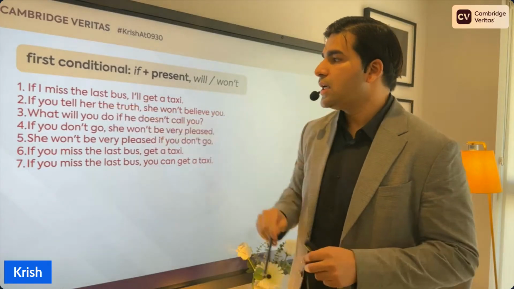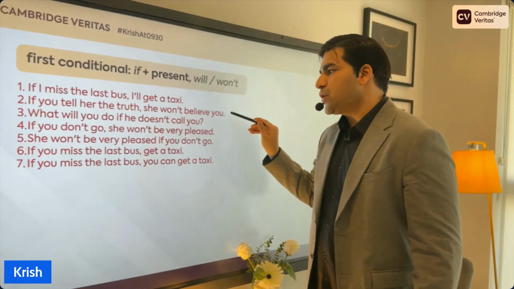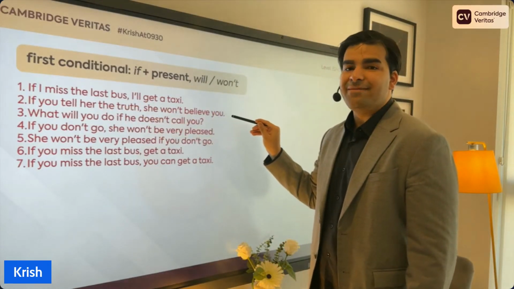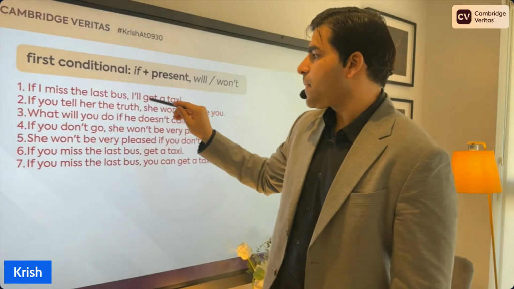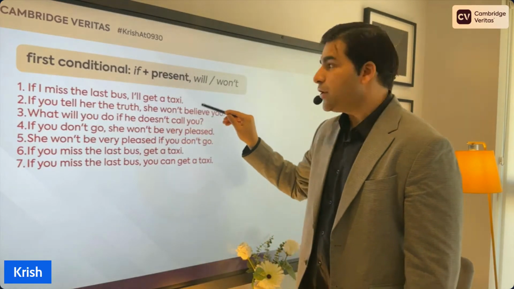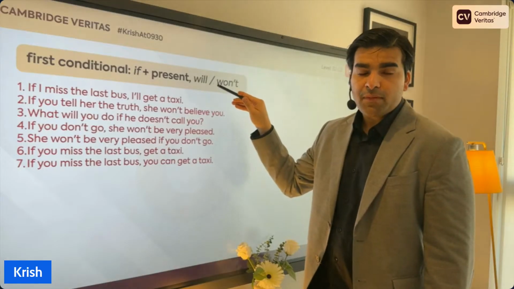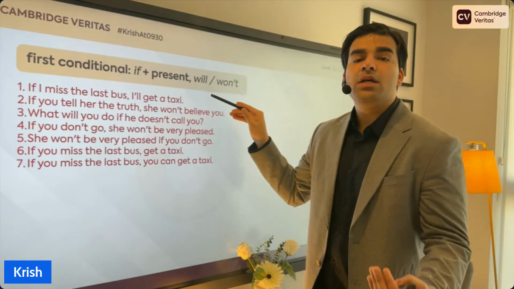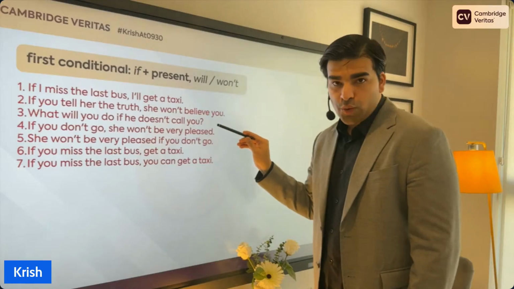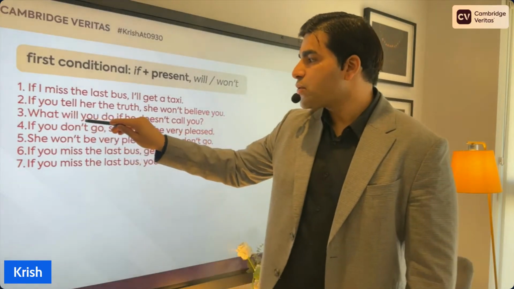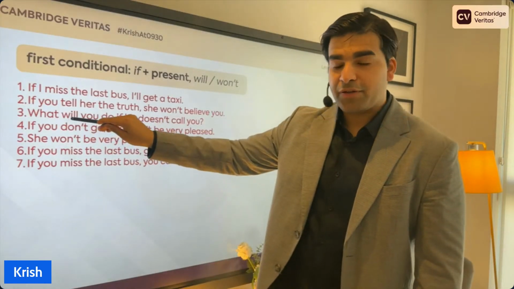Number two, if you tell her the truth, she won't believe you. If you tell present, she won't believe you future. Real life situations using first conditional. What will you do? What will you do is the future.